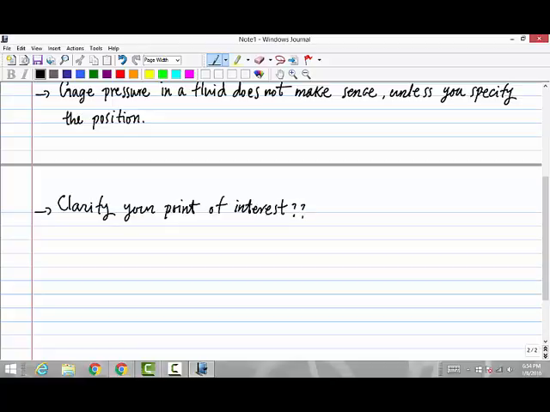Remember that I mentioned before when I was defining system and stuff, we need to know exactly what we are going to talk about. Are we going to talk about the tank body?